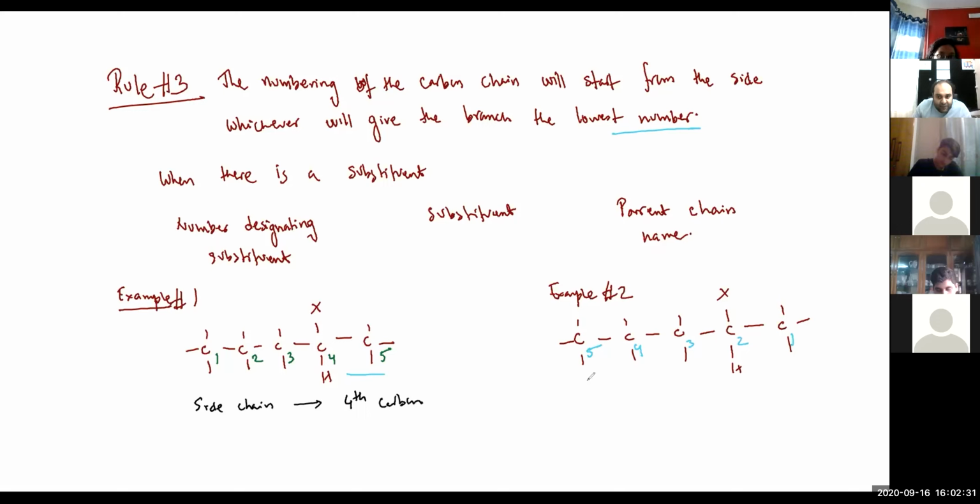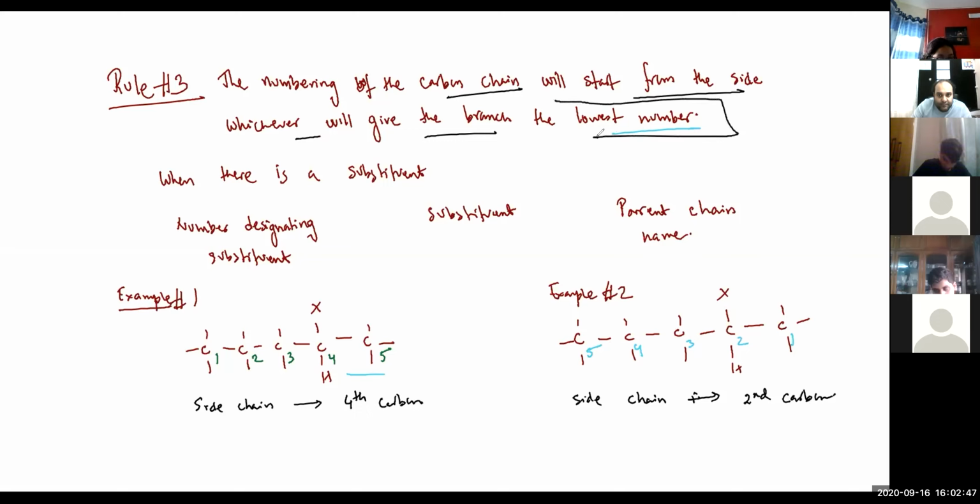And in example 2, your side chain is linked to the second carbon. And according to the rule, the numbering of the carbon chain will start from the side whichever will give the branch the lowest number. So example 2 is correct.